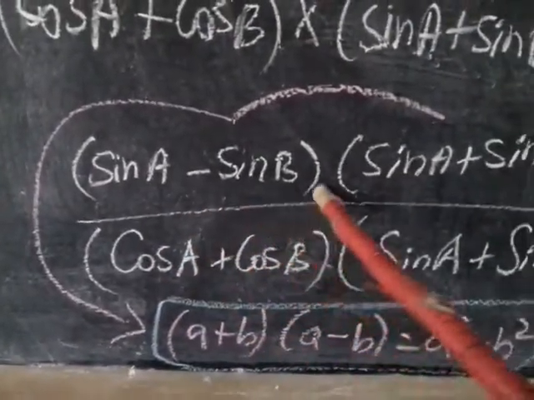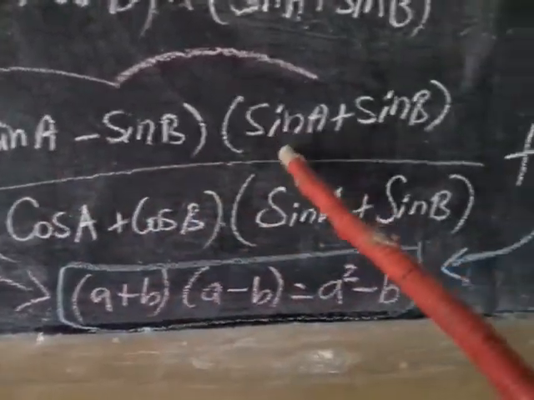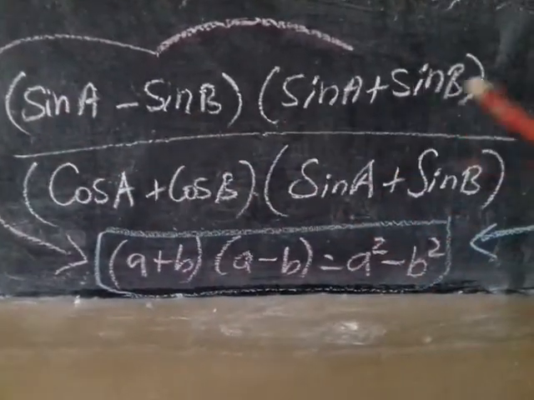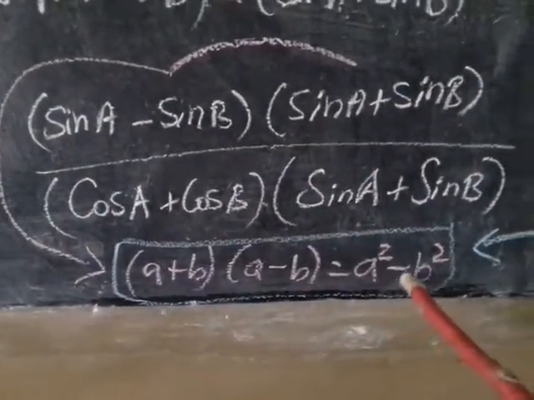In the previous term, this is A, this is B: sin A minus sin B, sin A plus sin B, so it is the form (A minus B)(A plus B), equivalent to A squared minus B squared.